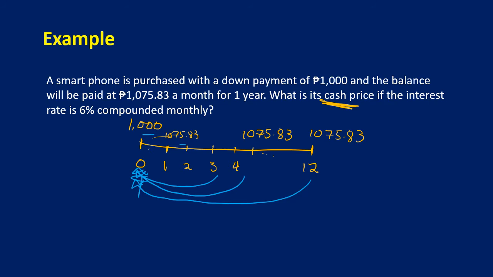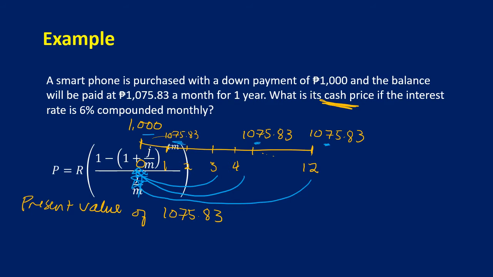But first, what we will do is this one. We will get the present value of the regular payments. Is that clear? Okay. So, what is the present value of your annuity of 1,075.83? All right. So, what is our formula?